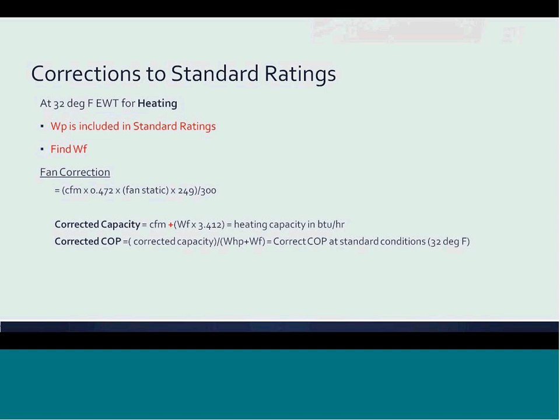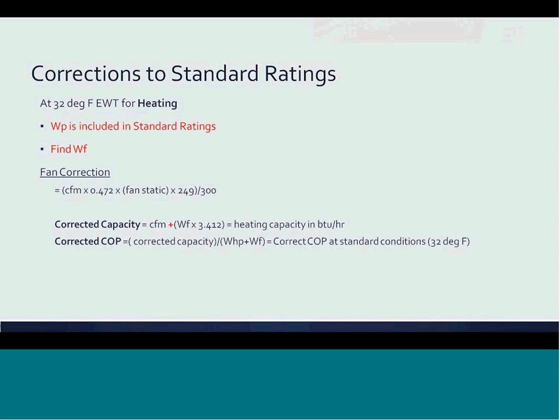No correction to the standard rating values is required for pumping as depicted in this slide. The watt energy for pumps has already been included. However, it is only for the amount of pump energy required to overcome the pressure drop through the water coil in the geo heat pump.